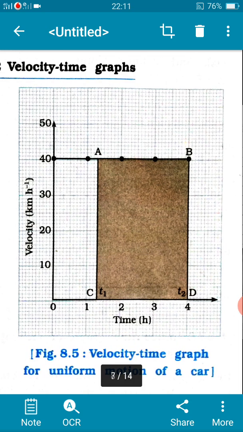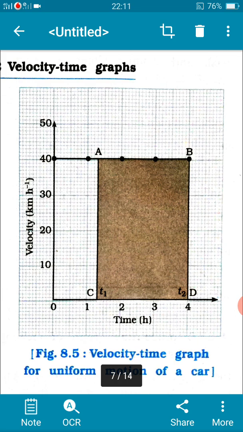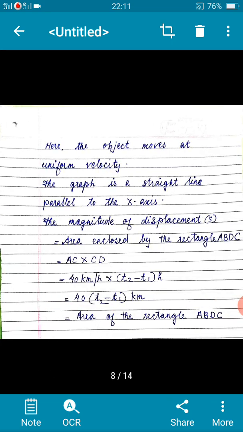And what is AC? From C to A, how much is it? That is 40. AC multiplied by CD, that is 40 multiplied by T2 minus T1. That is the area of the rectangle ABDC.